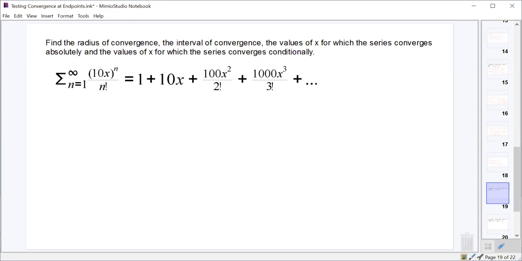Are all the terms positive for all values of x? No. Right. I mean, put in x equals any negative number and immediately 10x is negative, right? So not always positive, which means we're going to have to take the absolute value of the series when we do the ratio test. Everybody good?